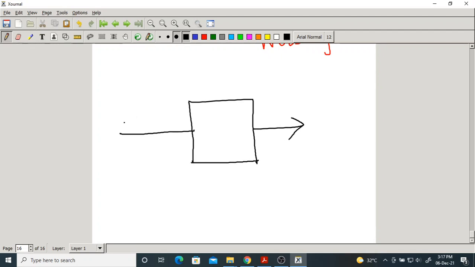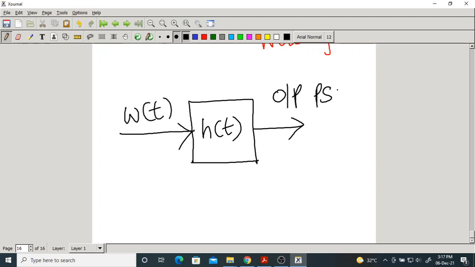If you take only noise w of t and give it to the filter with impulse response h of t, what is the output PSD? The impulse response h of t means h of f. Noise PSD is what? You know already.